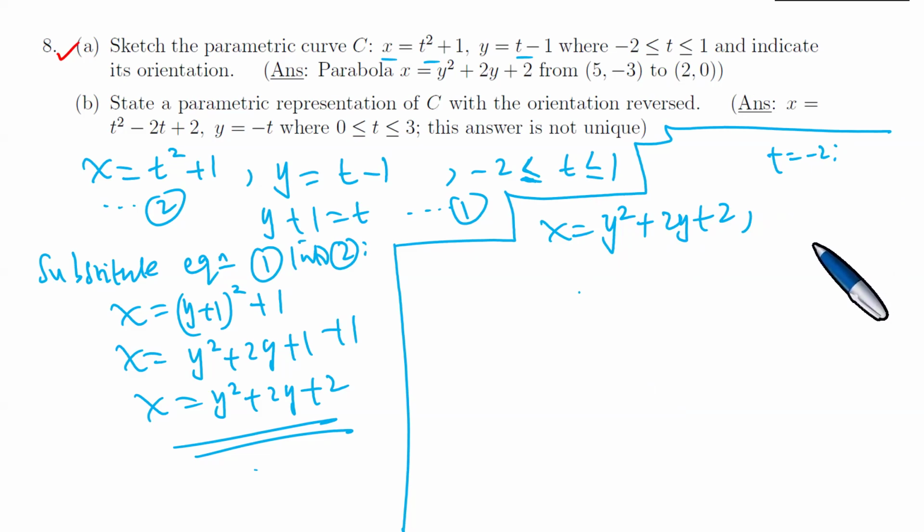Whenever t is minus 2, what is x? According to this, x is t squared plus 1. So x is going to be 5.